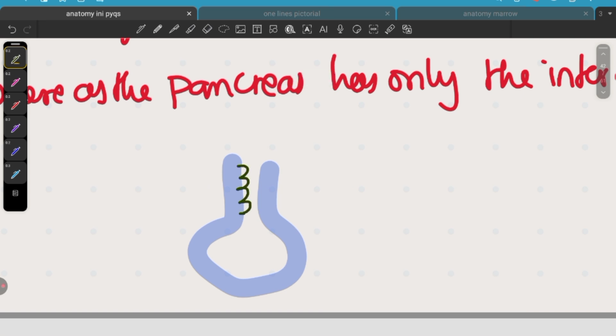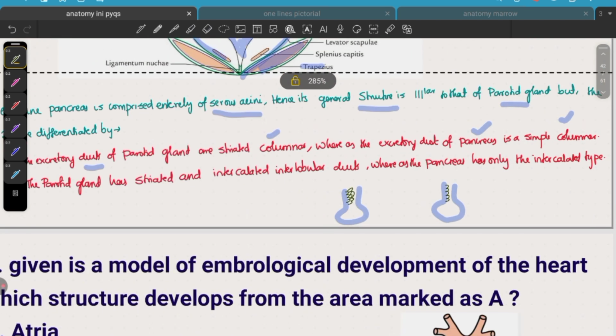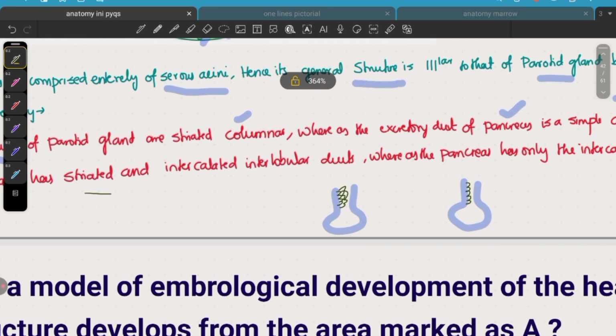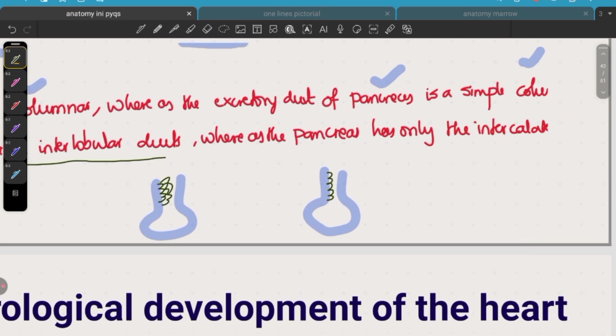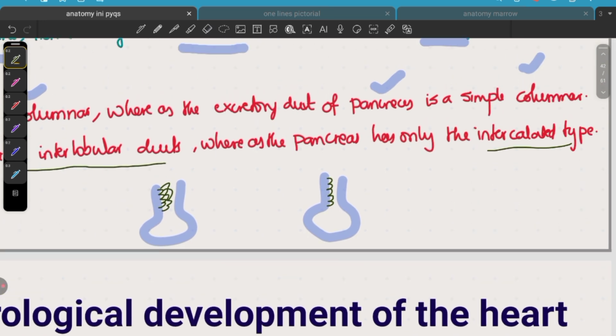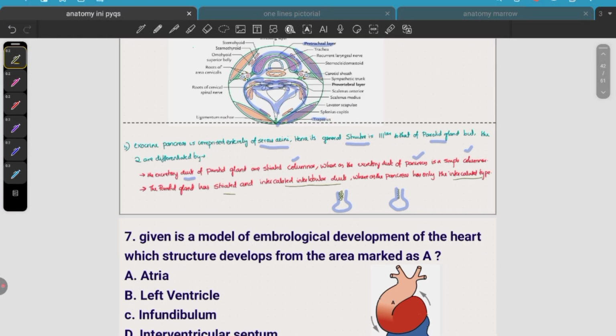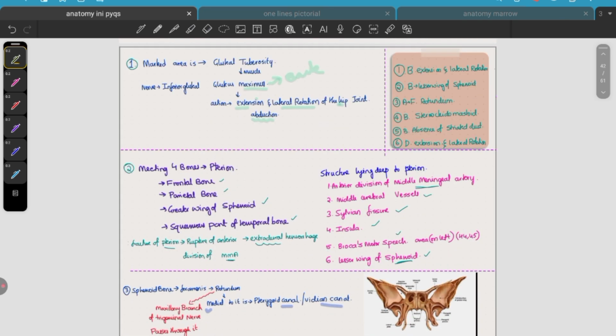The parotid gland has striated and intercalated interlobular ducts, whereas pancreas has only the intercalated type.